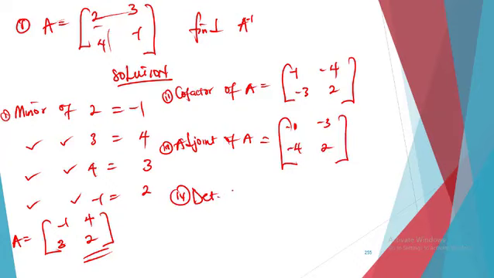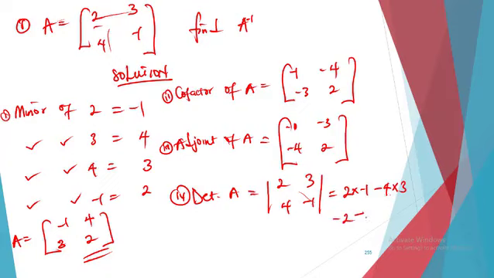So then step 4, we find the determinant of A. Determinant of A is 2, 3, 4, minus 1, which is equal to 2 times minus 1 minus 4 times 3. 2 times minus 1 is minus 2.